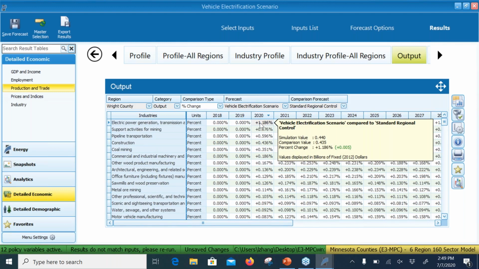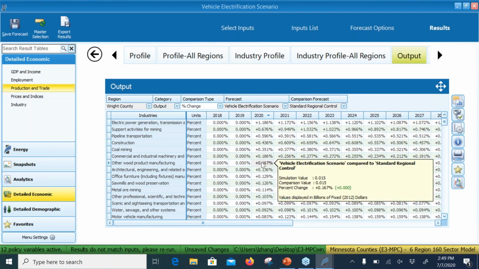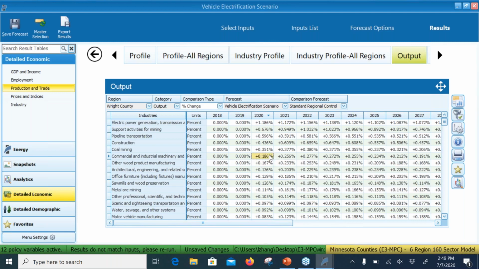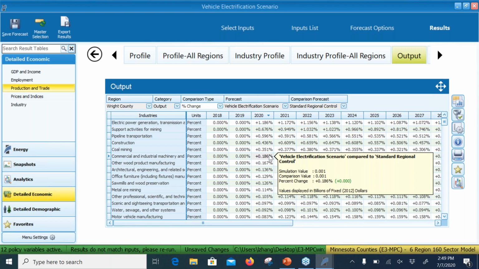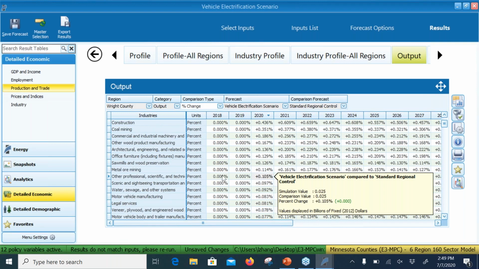And all the other numbers you see here are because these changes to electric consumption and oil production don't happen in a vacuum. Other industries are affected as well. So REMI will help you look at how all these different industries are affected indirectly as a result of this policy.